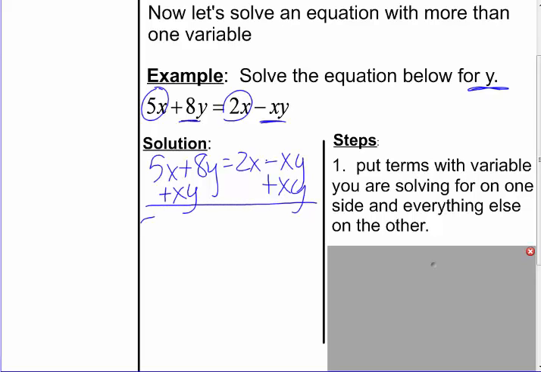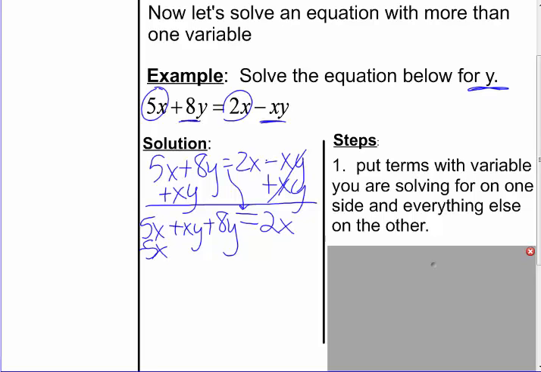Okay, so on the left, I have a 5x plus xy plus 8y equals, the equal sign doesn't move, 2x, and the minus xy plus xy equals 0. That's why you do the opposite. Now I need to get the 5x to the other side.